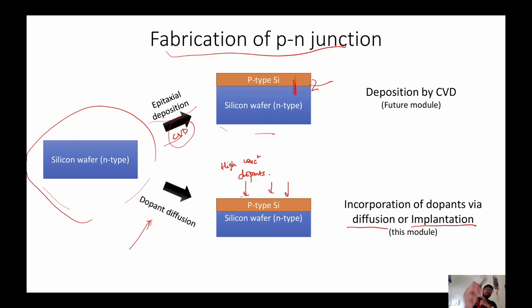In diffusion, we diffuse the dopants or impurities inside the silicon wafer at higher temperatures. If we keep the impurities over the substrate, they will diffuse down inside the lattice. This will form p-type silicon, and this is the p-n junction.